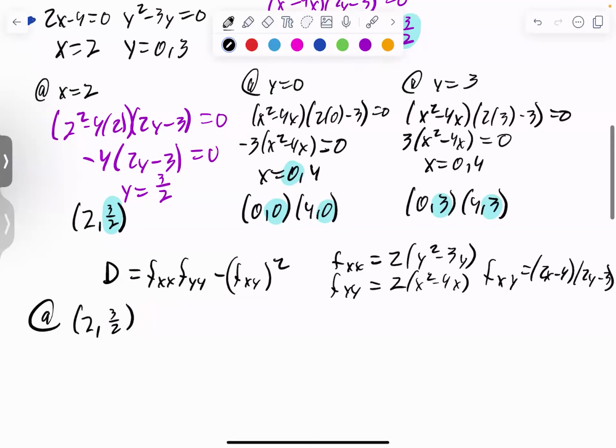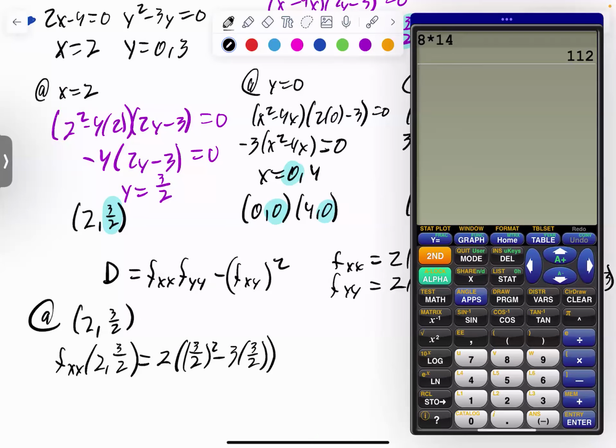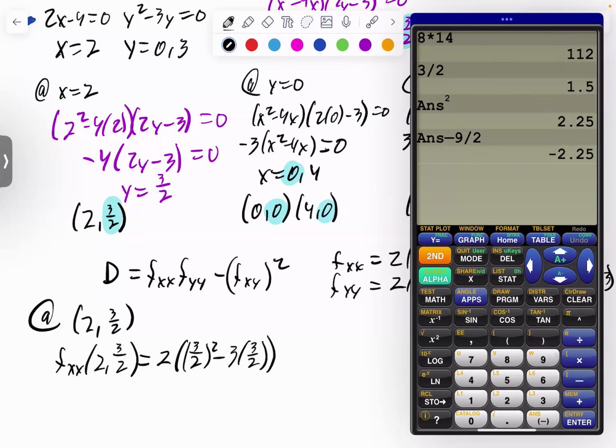Okay. So if we explore this at our critical value, we're going to get 2 times 3 halves squared minus 3 times 3 halves. Let's plug that in and see what we get. So 3 divided by 2 squared minus, that becomes 9 divided by 2, then times 2.